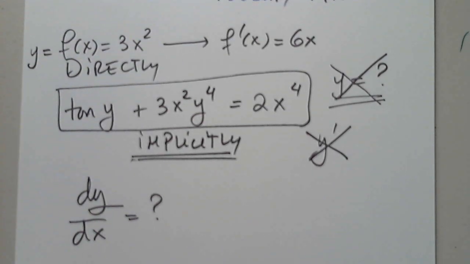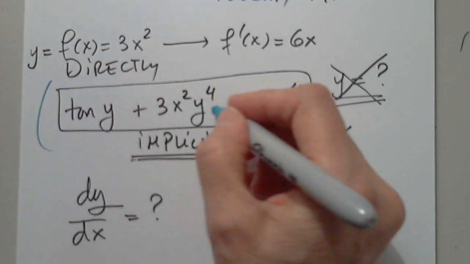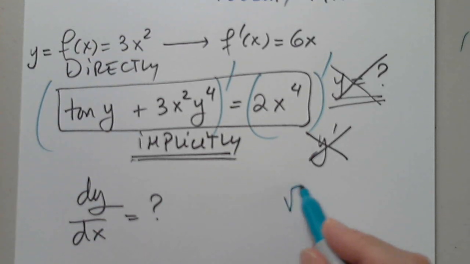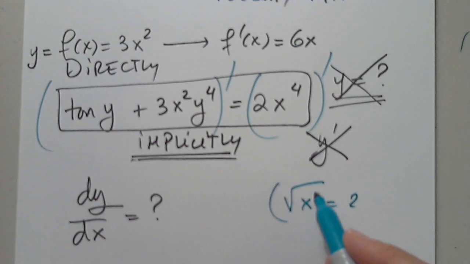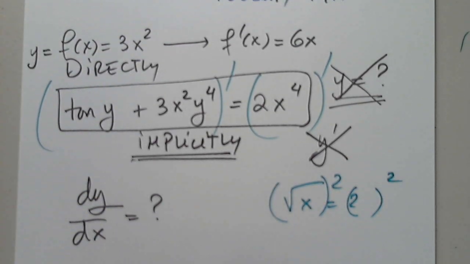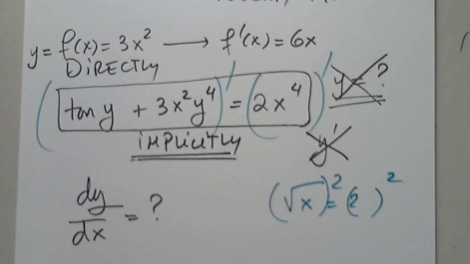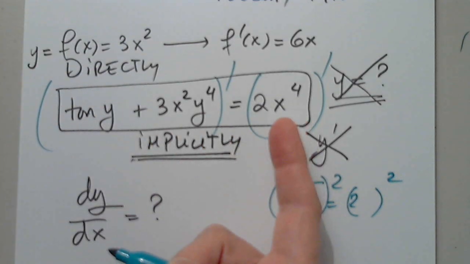Well, like in many other situations, in this case I have to differentiate both sides. When I solve the equation, the square root of x equals 2, I square, because I'm applying the inverse operation, or I'm applying the same operation to both sides no matter what. Same thing here.